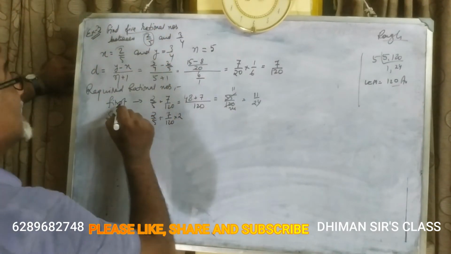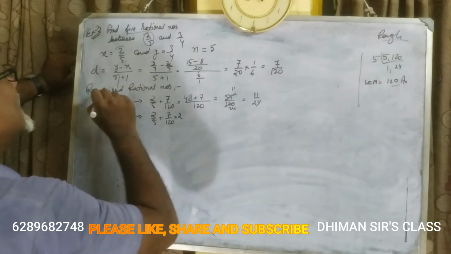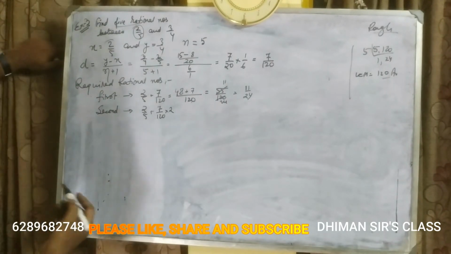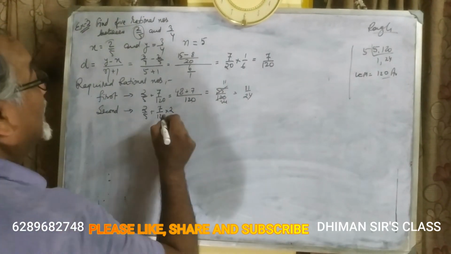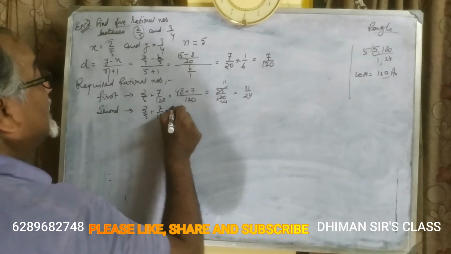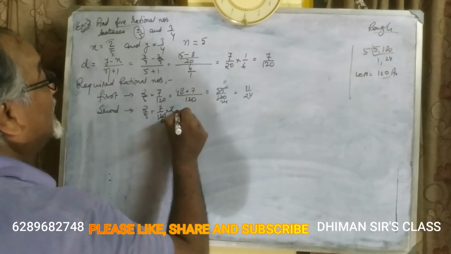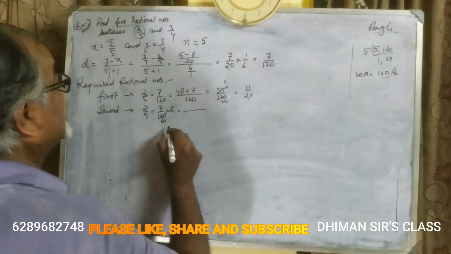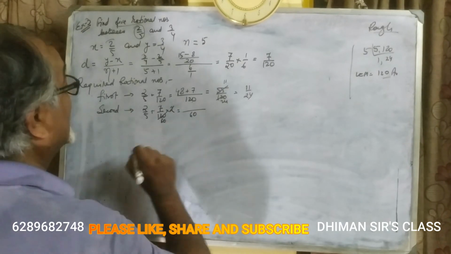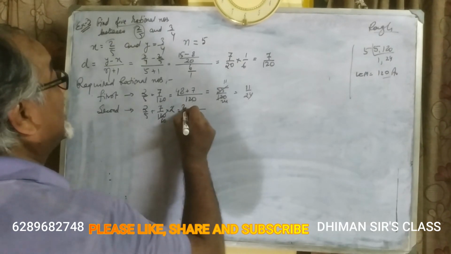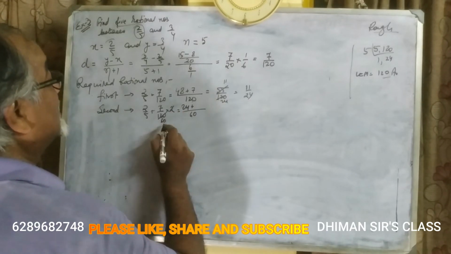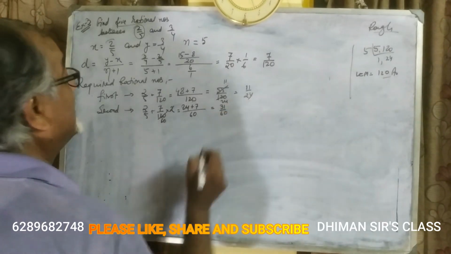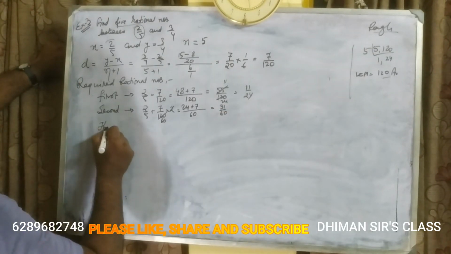This is the required first term, and then the second will be here. So LCM of 5 and 60 will be 60 itself. 5 12s are 60, 12 2s are 24, plus 7, that means 31 by 60.